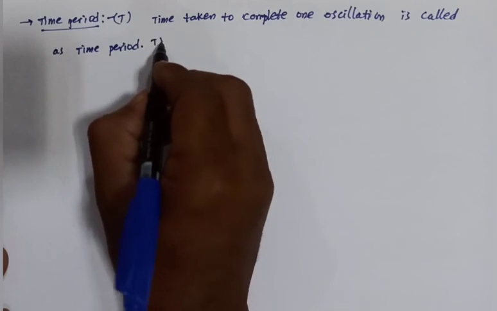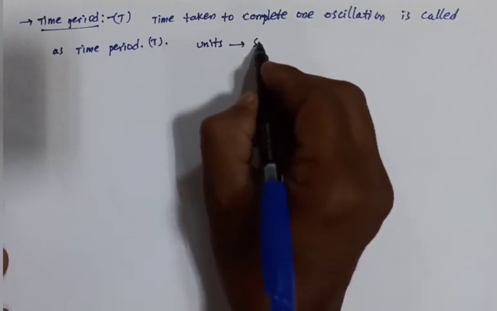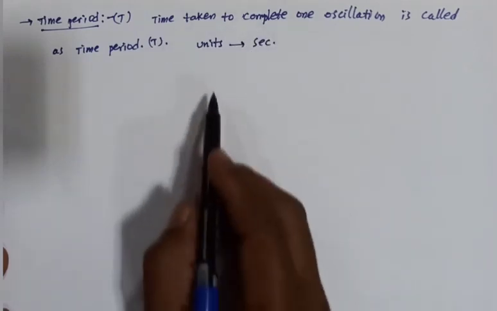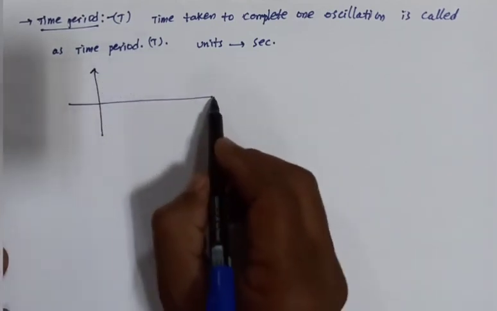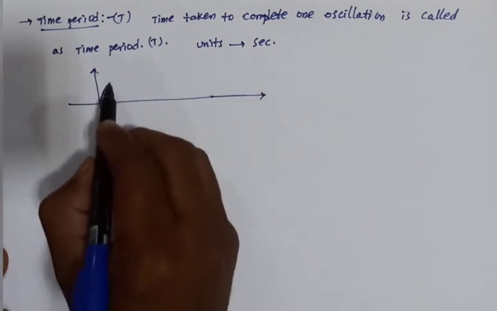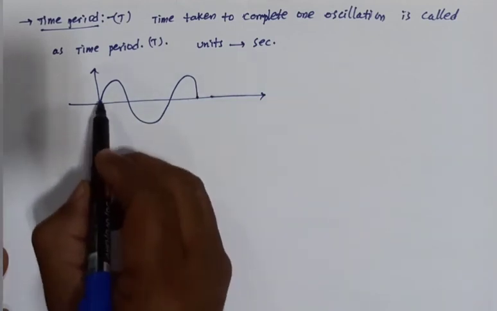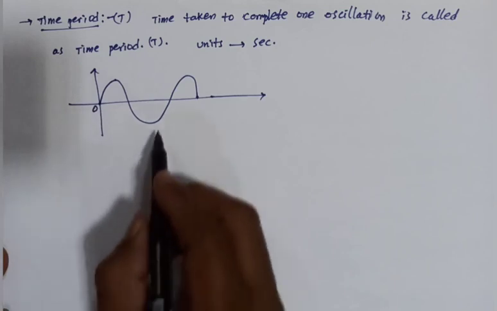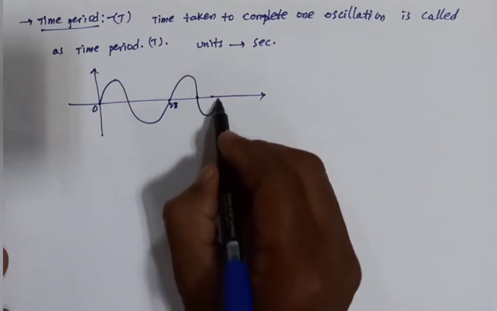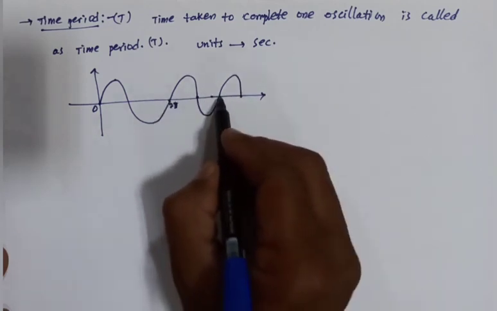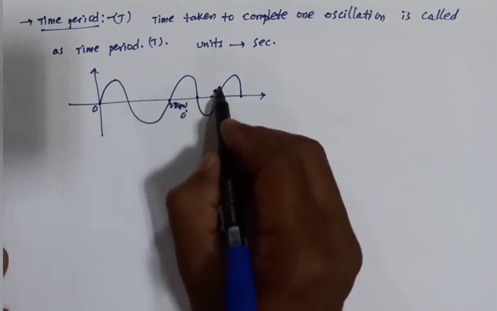Okay, the time period is denoted as T, and its unit is second. For example, this is a transverse wave. In this transverse wave, it repeats at 2 pi. So at 2 pi, again it repeats here, from 0 to 2 pi.